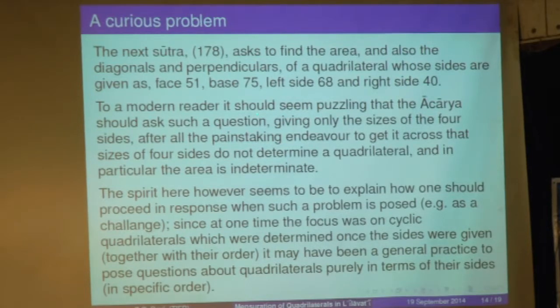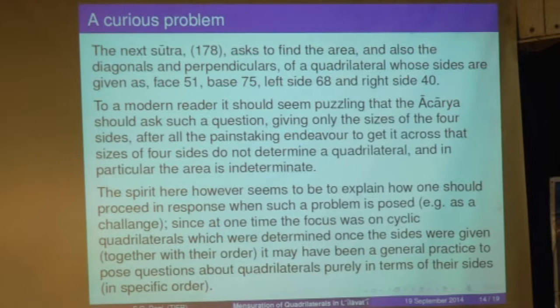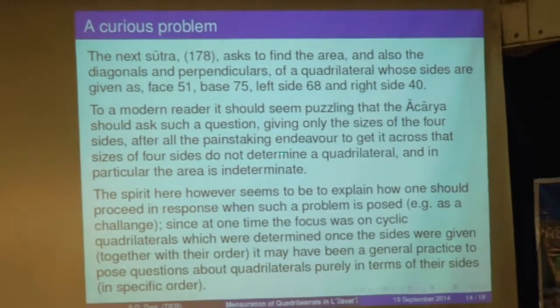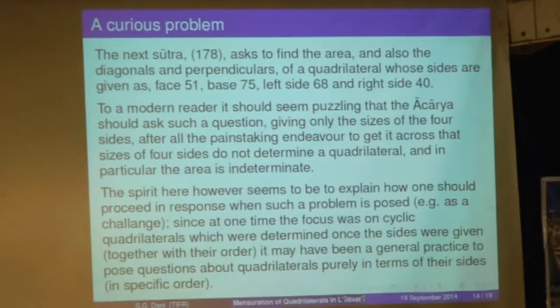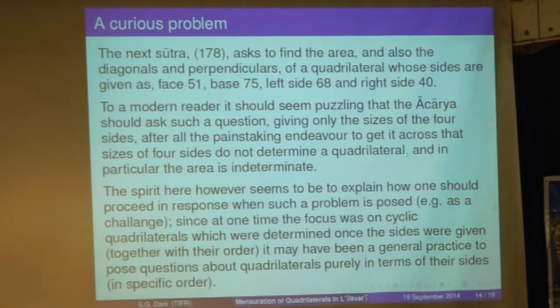To a modern reader, it should seem puzzling that the Acharya should ask such a question giving only the sides, after the painstaking endeavor to get it across that the sizes of four sides do not determine a quadrilateral. Now, the interpretation I could think of is this; what I'm going to say is in no way final.